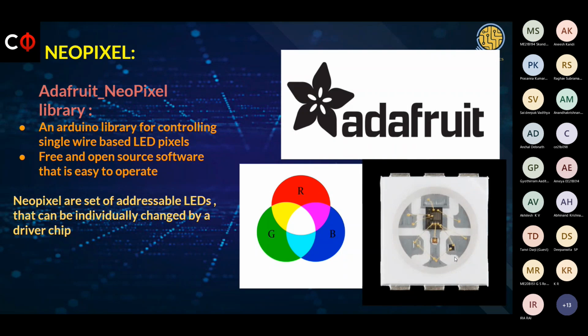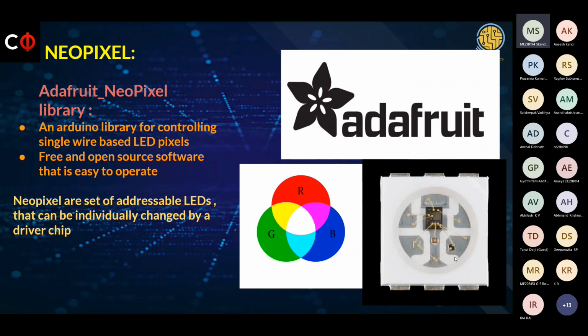So when we write the code, we'll be calling every single NeoPixel by its number. Internally, they have been mapped to this IC and can be given a color of a particular value based on the ratio of R, G, and B that you would like to give to obtain a particular color.